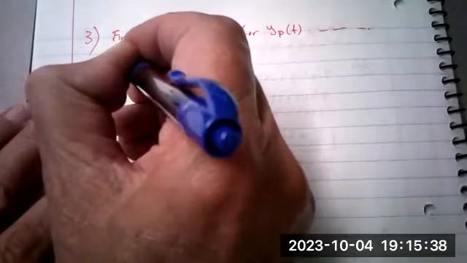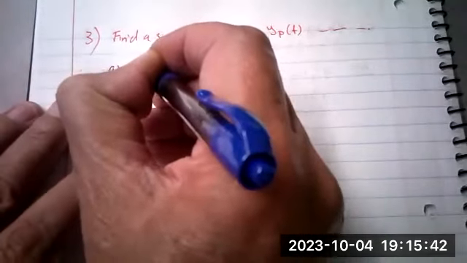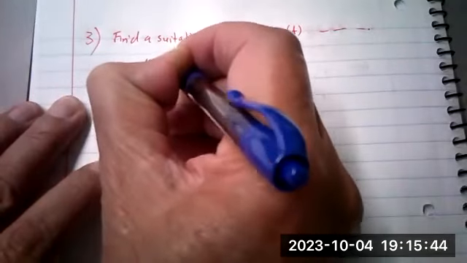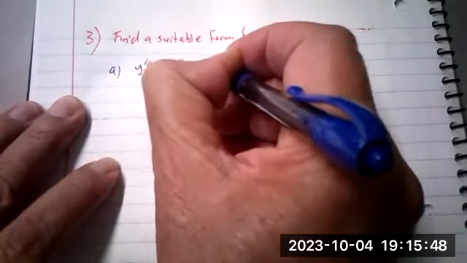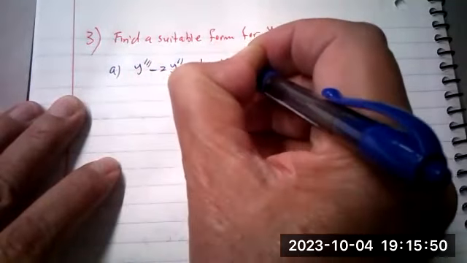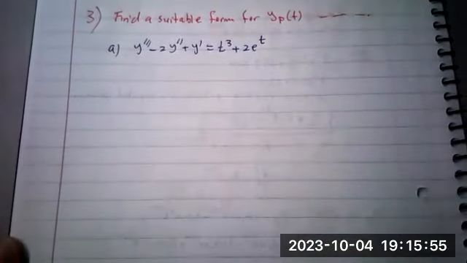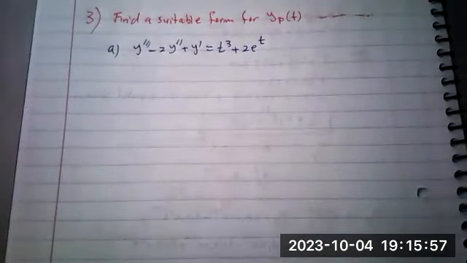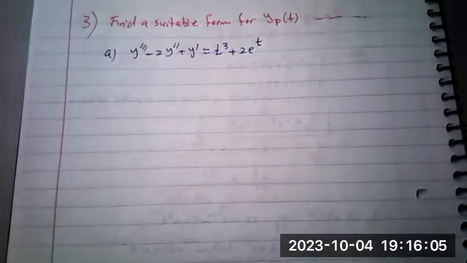The first one is y triple prime minus 2y double prime plus y prime equals t cubed plus 2e to the t. The equation is of the third order. You know that you have to solve for y_c to find out if there's going to be any duplication.